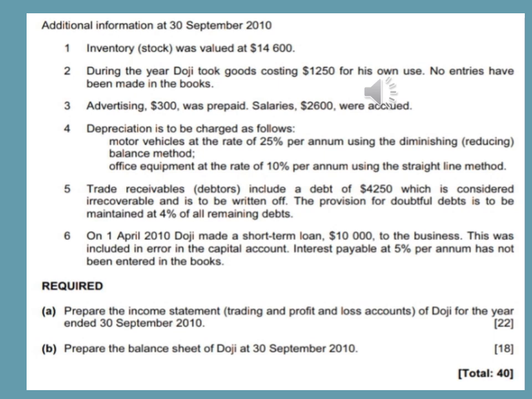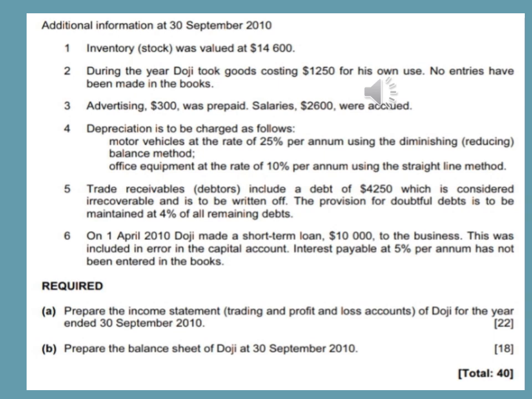Whatever the amount 4% of those remaining debtors comes, we will match that amount with the provision for doubtful debts amount given in the list of balances.